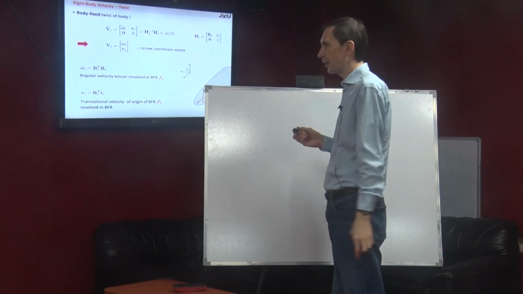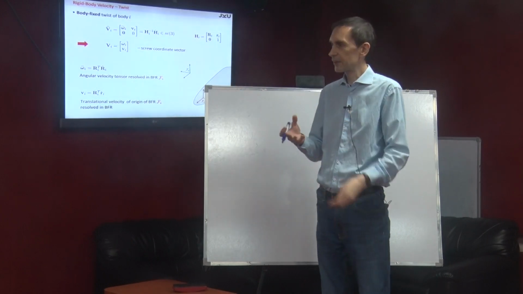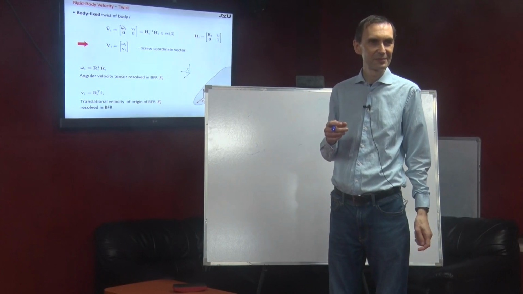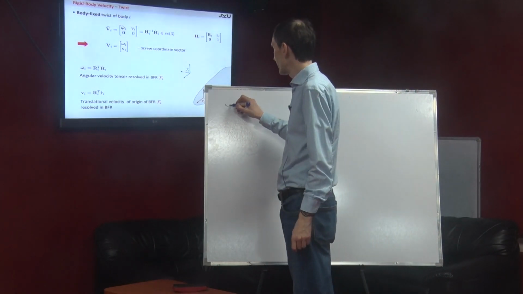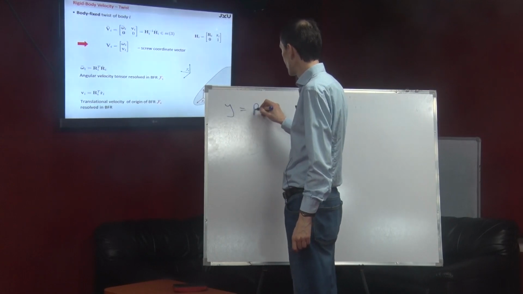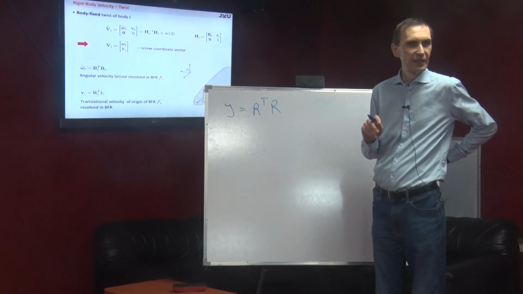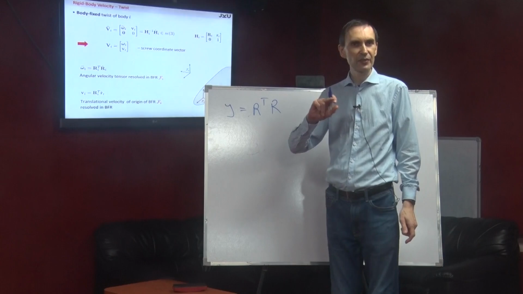Why is this skew-symmetric, without having more knowledge about kinematics? What do we know? We know that the rotation matrix is an orthogonal matrix, right? So we know that R transpose times R is the identity matrix.